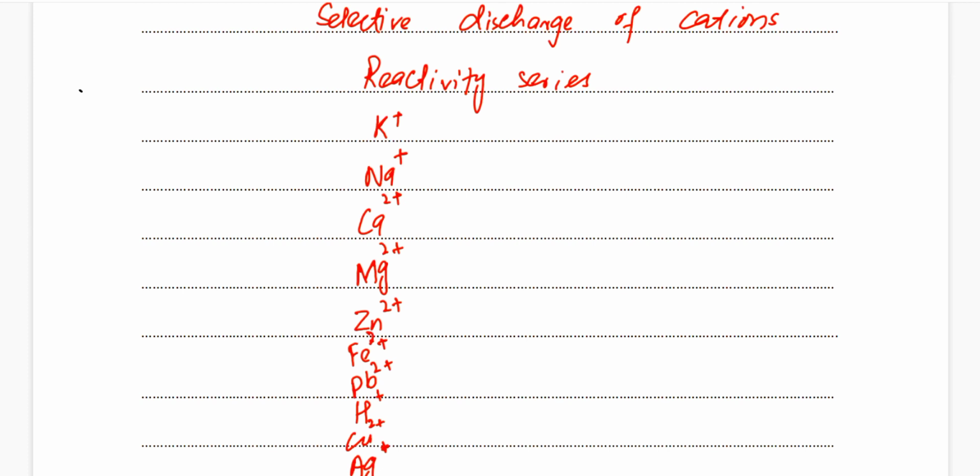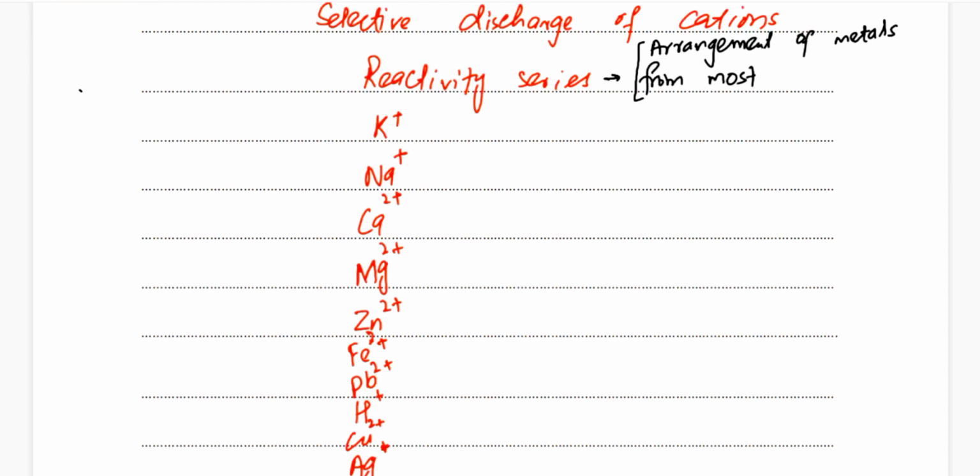Reactivity series means a series which arranges the metals from most to least reactive.